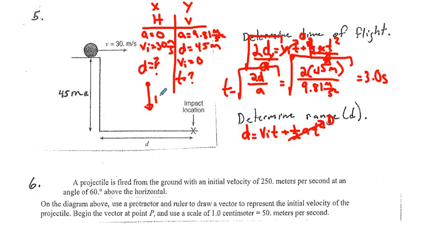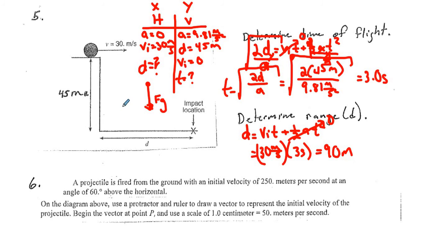Because when it's in the air, it's in free fall. So the only force that's acting on it is the force of gravity, meaning that there's no horizontal forces acting on my object. So then I take my 30 meters per second, multiply it by my 3 seconds, and that, of course, is 90 meters. And that's my range.